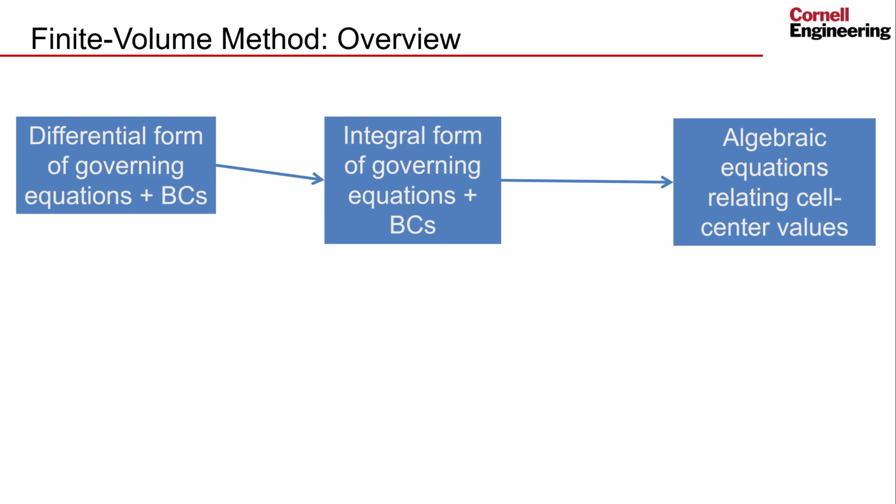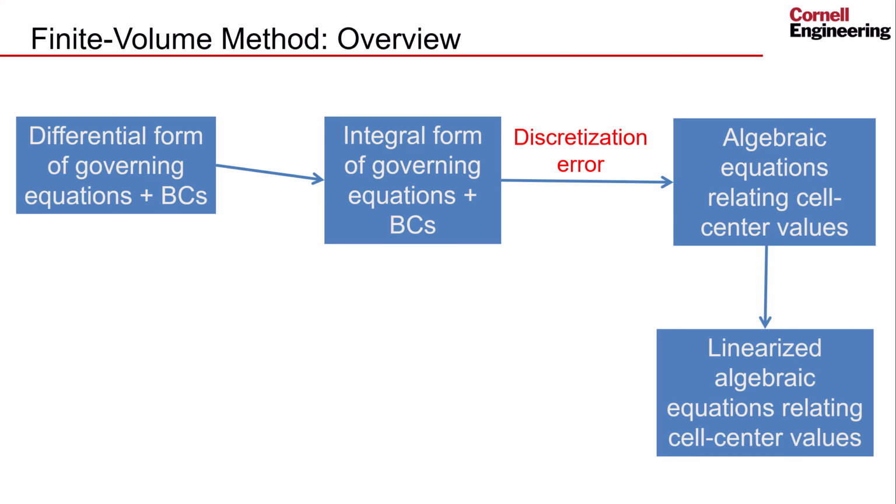The process of developing these algebraic equations introduces a discretization error caused by only finding the values at cell centers. We can reduce this error by refining the mesh. These algebraic equations are nonlinear, so to solve them, Fluent must linearize them about guess values.